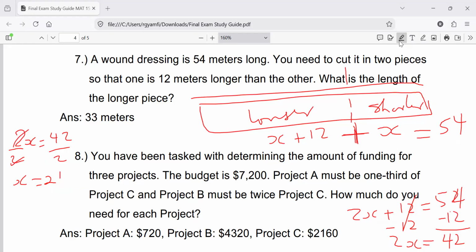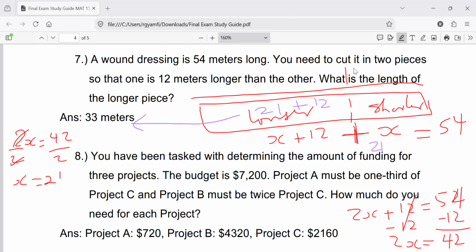But x is the shorter piece. So you go back to your drawing, and you say x is 21. So the longer part is x plus 12, which gives me 33.